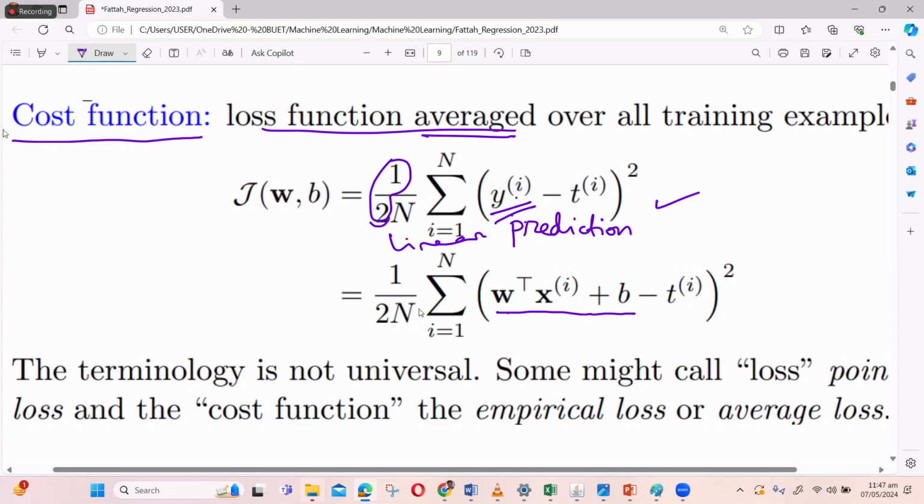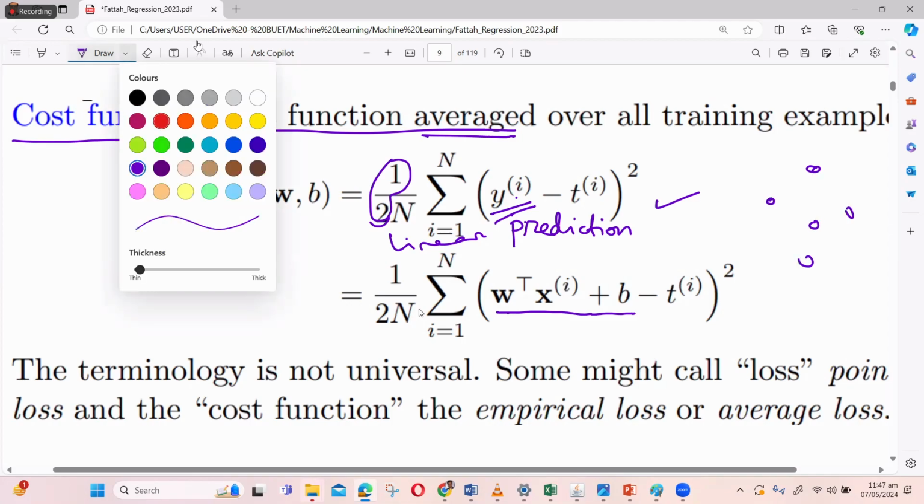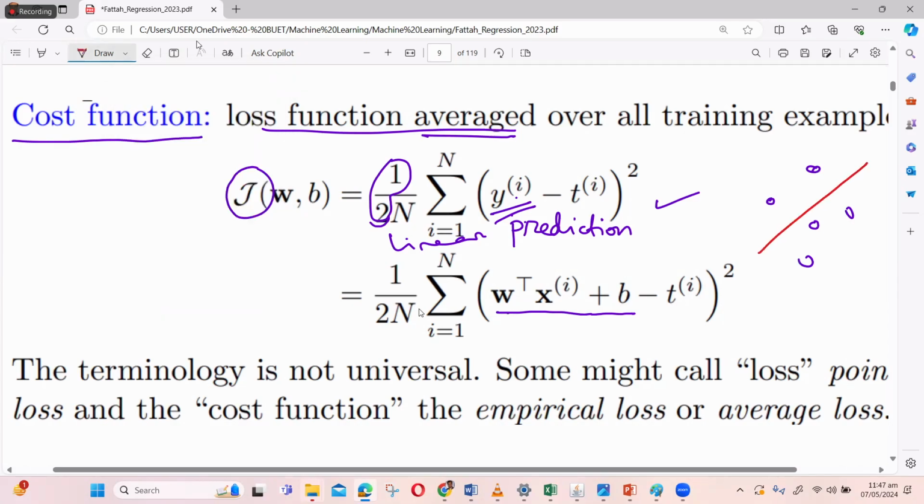So what is your objective? Your objective is to minimize this cost. Your objective is to get the lowest error. So you may have these values around. You want to draw the line in such a way that these errors, this is an error, this is an error, this is an error, should be minimum.